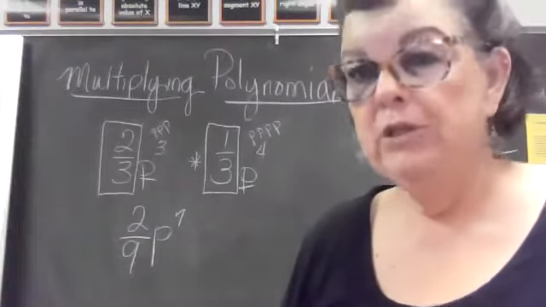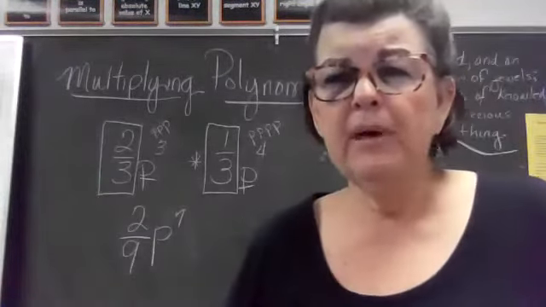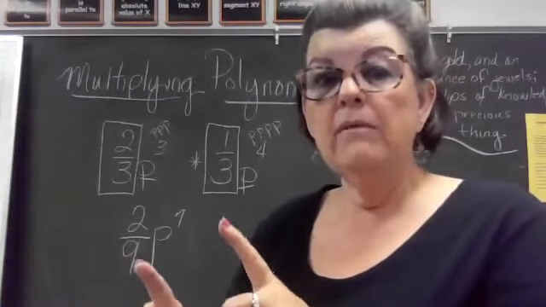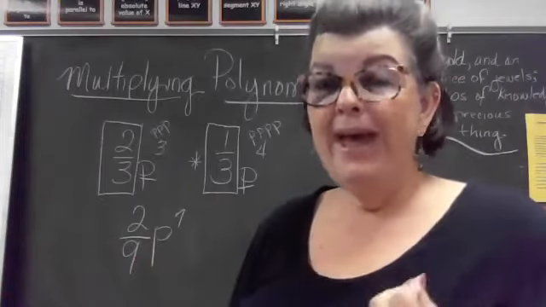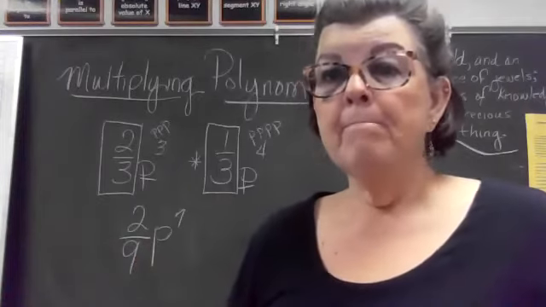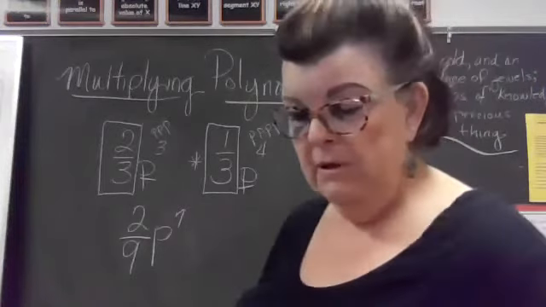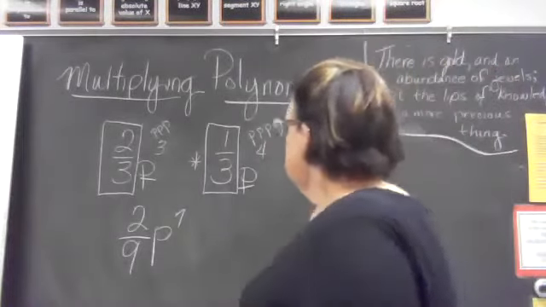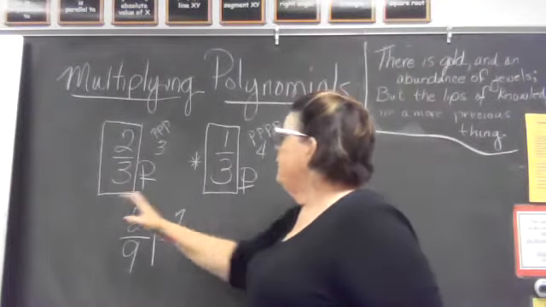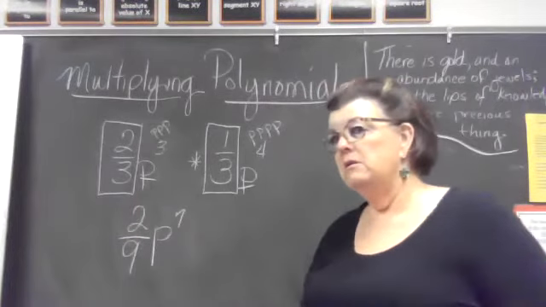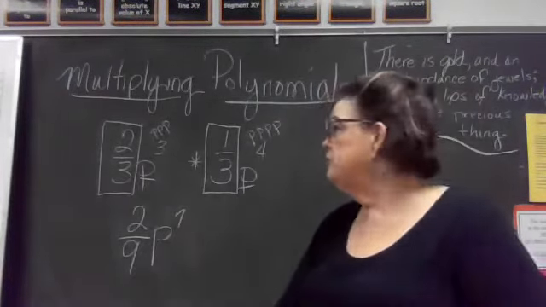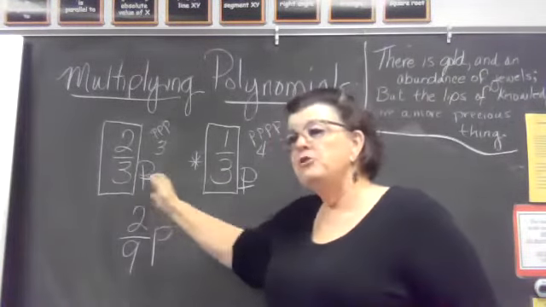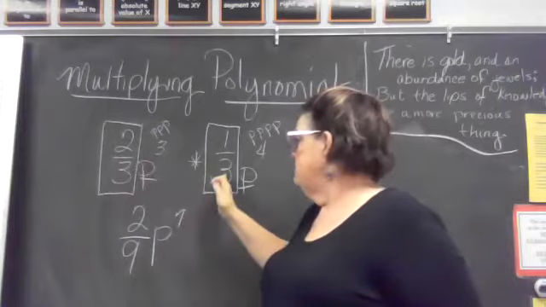No, just when you're multiplying same bases, like the p and the p, then you just add the exponents. Go back and look at the YouTube on the rules for exponents. But the fraction itself doesn't have to cause any worry for you because you're simply going to multiply these. If you have a hard time doing this by hand, simply use your calculator and multiply these.